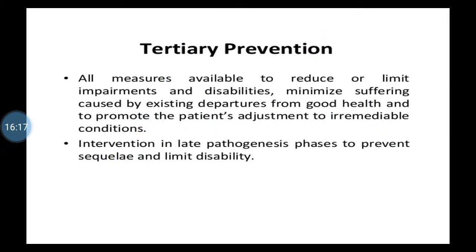Then the third level is tertiary prevention. Now, if primary prevention fails, the person gets the disease. Then one has to follow secondary prevention. The early diagnosis and proper treatment help the patient for early recovery. But many times it happens that secondary prevention also fails.